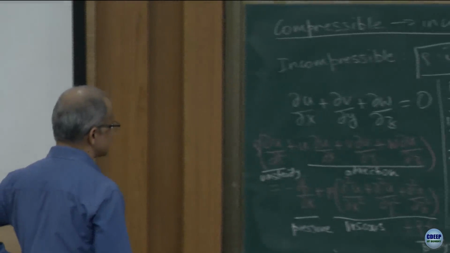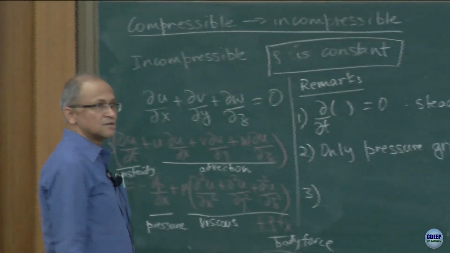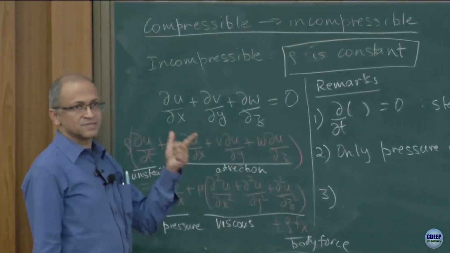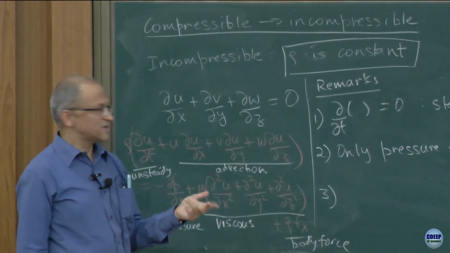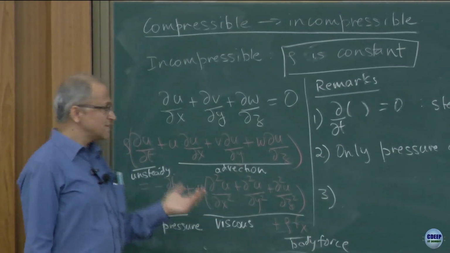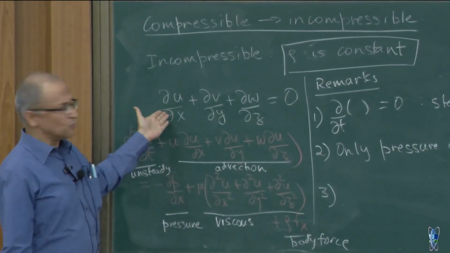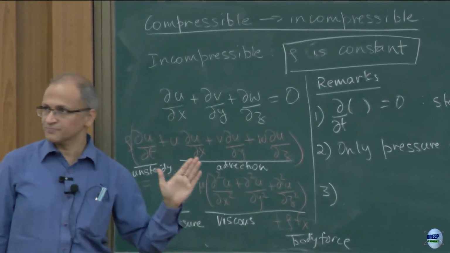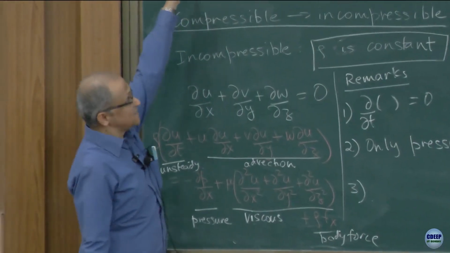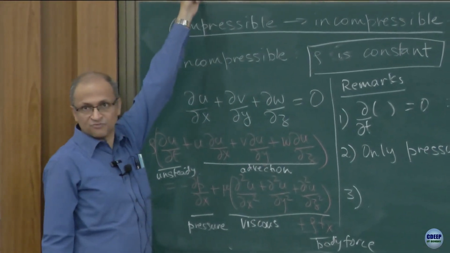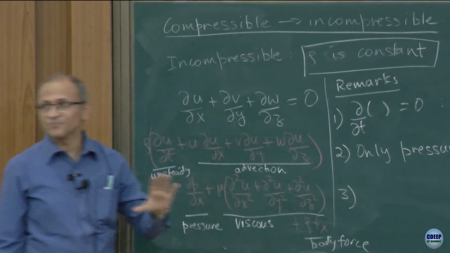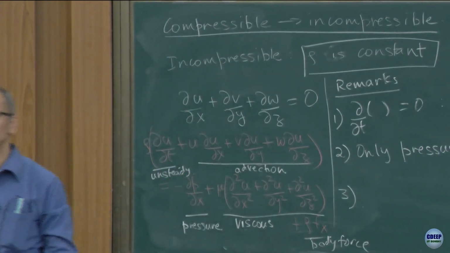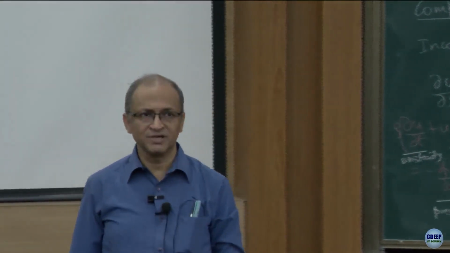There are multiple independent variables. What are those? X, Y, Z, and T. Interestingly, the momentum equation does not have a T term when we go to the incompressible form. It does have it in the compressible formulation, but in the incompressible one there is no dou by dou T term.